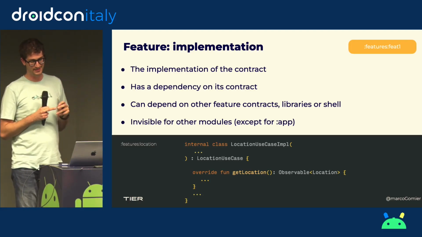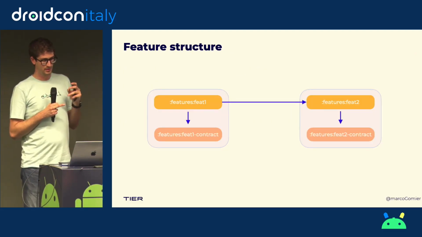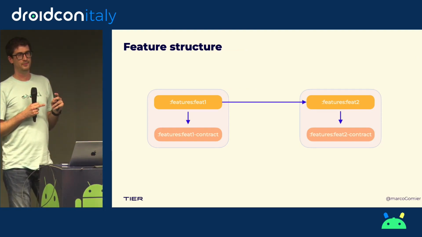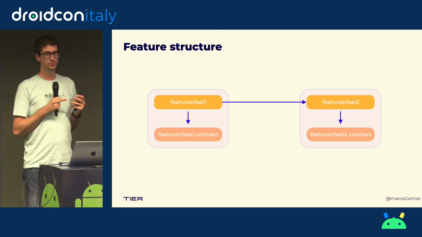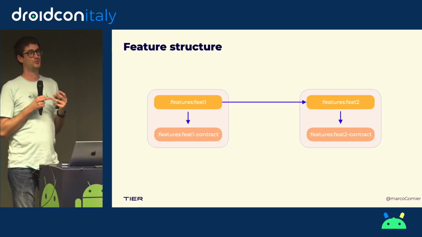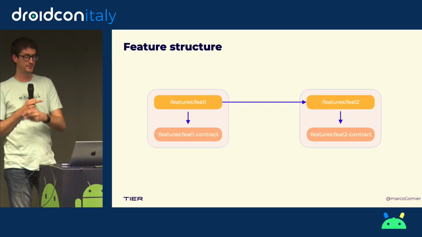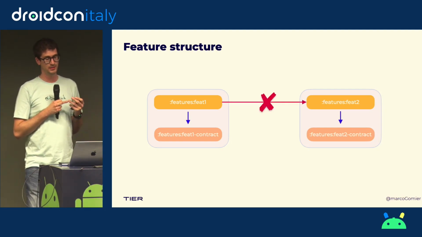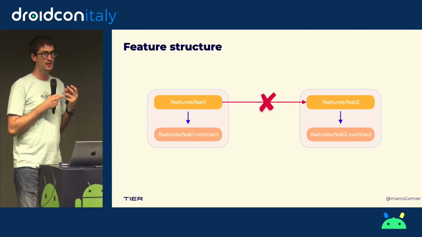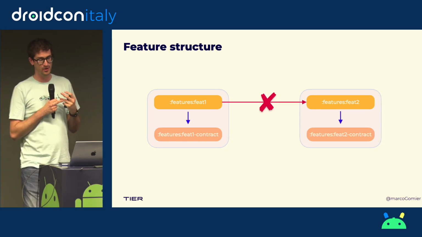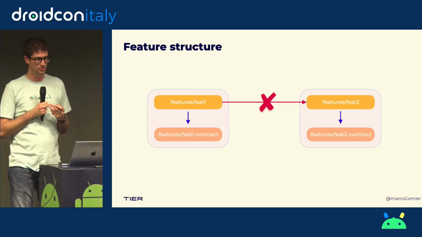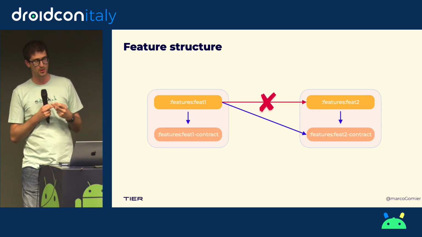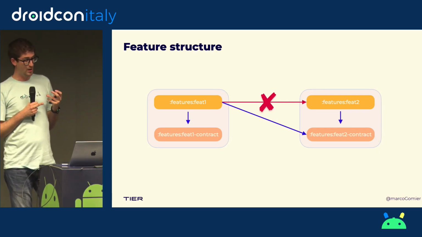Let's see why. As I was saying before, you must sometimes launch a feature from another feature. But you cannot, in this architecture, start that feature directly from an implementation module. You have to go through the contract. Why is that?